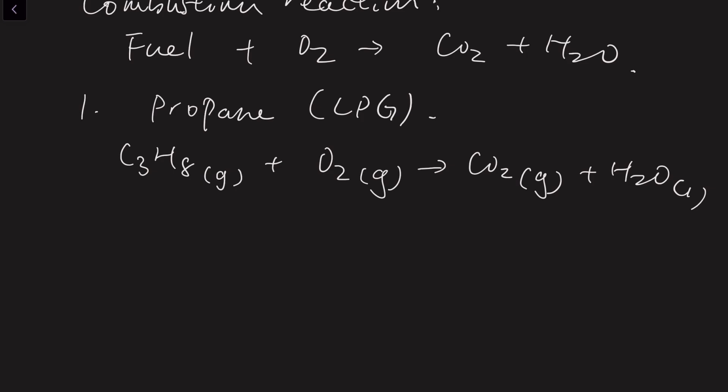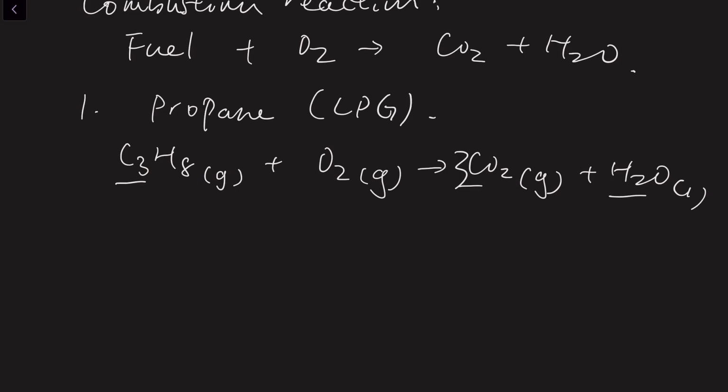So now let's try to balance this chemical equation. The limiting factor is carbon. We only have carbon in one of the products. Since we have 3 carbons on the left, we also need 3 on the right. Another limiting factor is the hydrogen atoms.